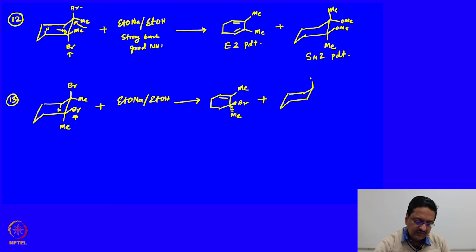So, it will still remain as cis, and OMe groups will be in cis orientation. So, this is the E2 product and that is the SN2 product.